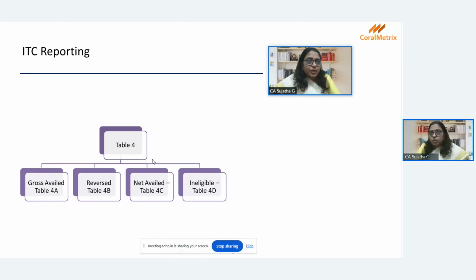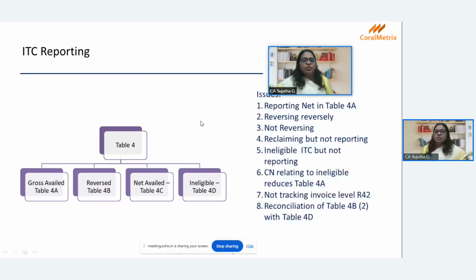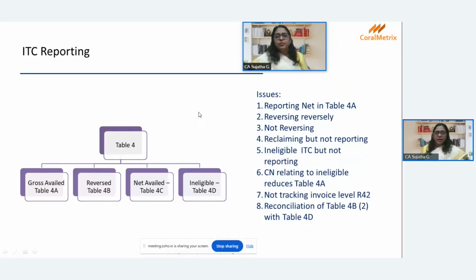In July 22, there were a lot of changes with respect to ITC, whether it is a temporary reversal, permanent reversal, how ITC has to be reclaimed back, and what is the reconciliation with respect to opening, what was availed, what was utilized, what was reversed, what is the closing balance. I am not sure how many of us are strictly following whatever is stated in the law or GSTN portal, but I am sure the day will come when the department will ask for clarification.